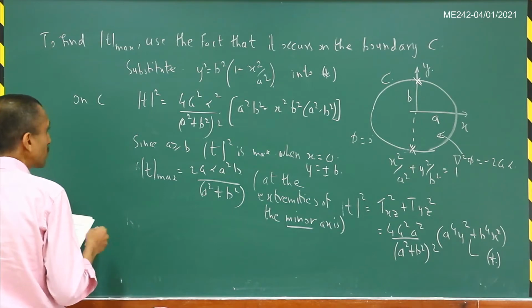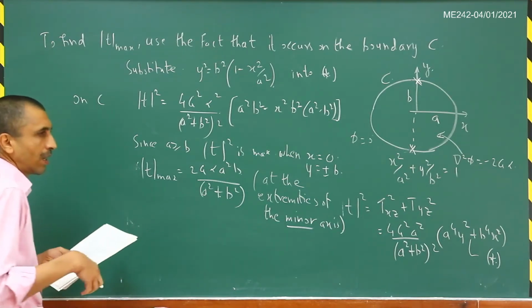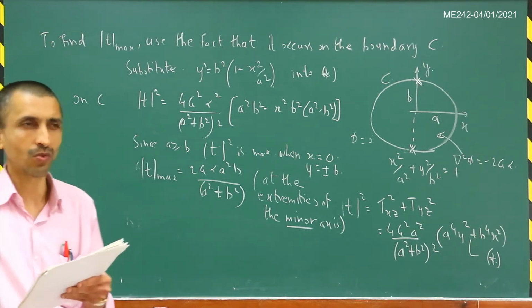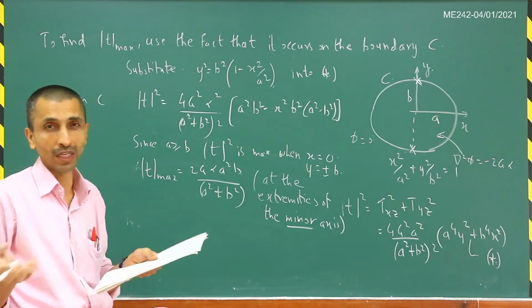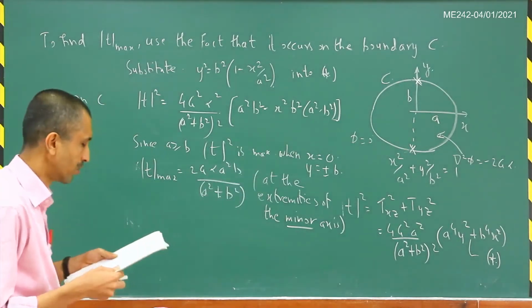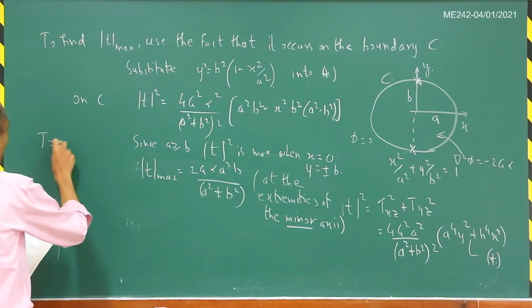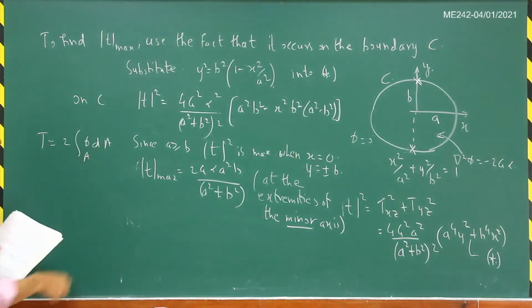So we can use this formula, either x times tau yz minus y times tau xz, or you can use the integral of 2 times phi, because this is a simply connected region. So we derived that in the last class, that T is equal to this.